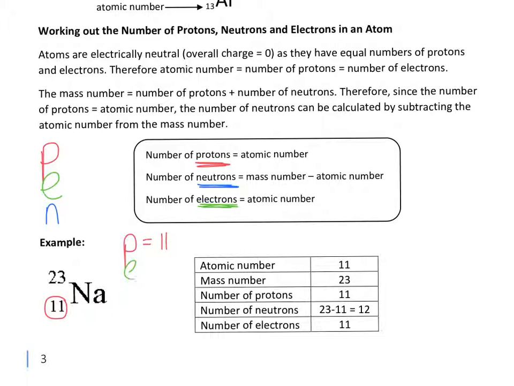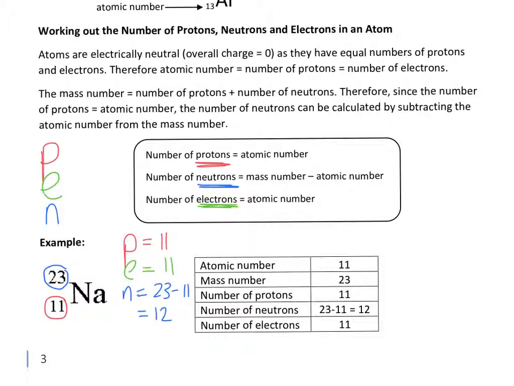Our number of electrons needs to be the same as the number of protons, and so they are also 11. And our mass number is 23, and that gives us the total of our protons and our neutrons. So the number of neutrons is going to be 23 minus 11, which equals 12. Okay, and that's summarised in the table for you.